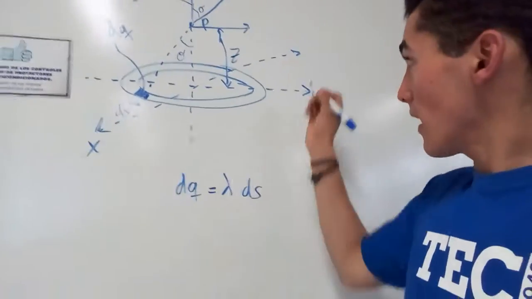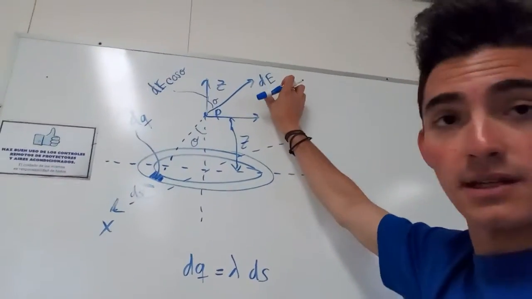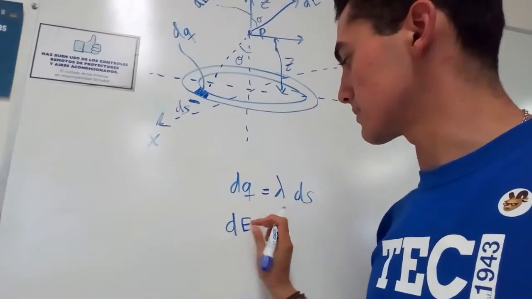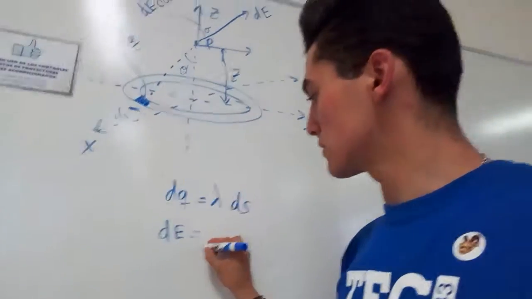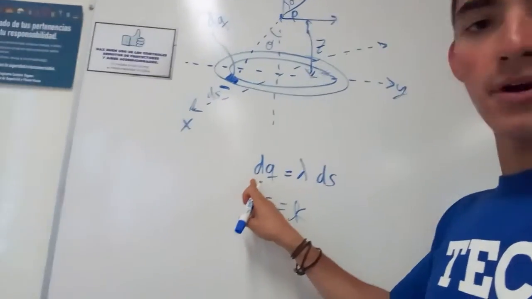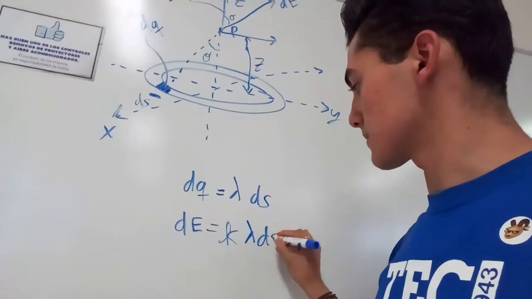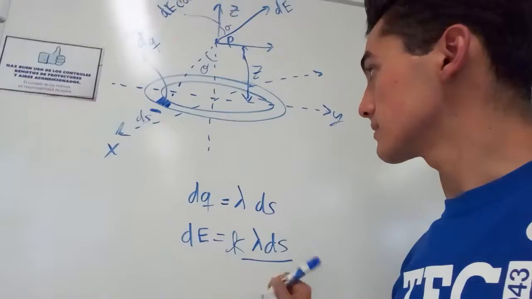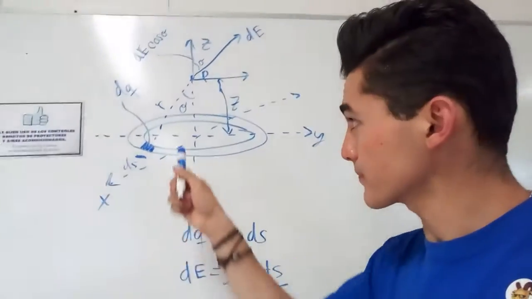So the electric field that we call dE, because it's the part, will be equal to Coulomb's constant times this part, which will be equal to the linear density times ds, over the distance squared.